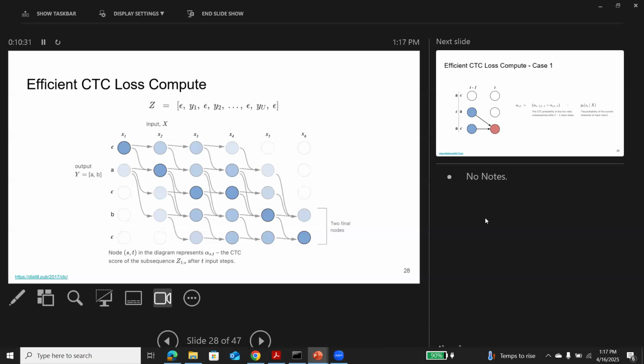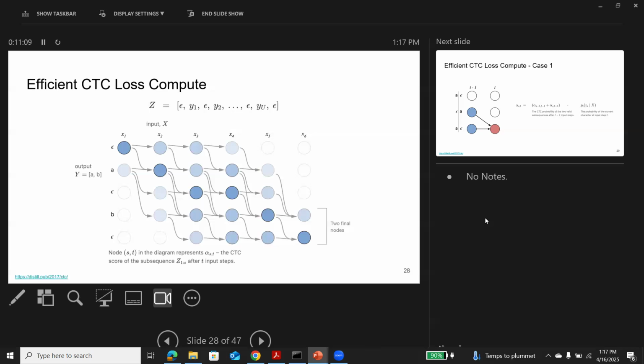So we can get A, epsilon, and then again A. So that's why there is no arrow from this node to A. From this node, we can get only B or epsilon. So this is how we can limit ourselves just to valid reconstructions instead of all possible combinations.